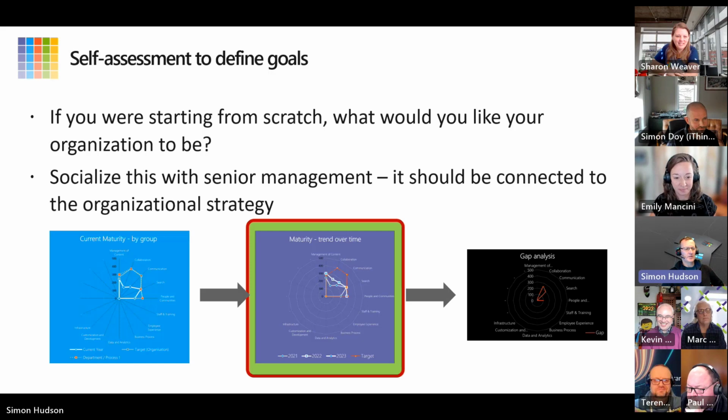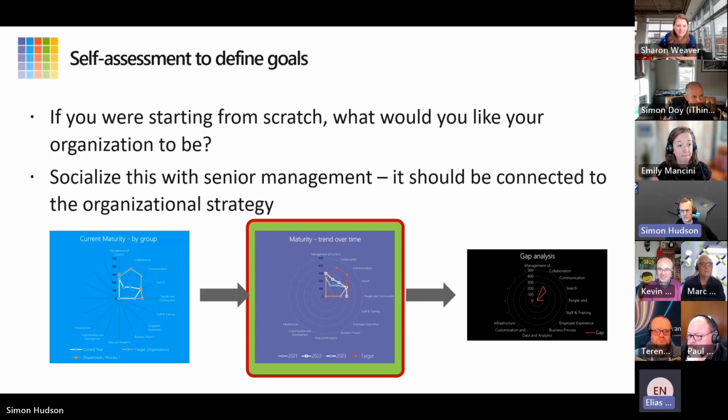But then you start to think about what that maturity is going to look like over time. So the trick is to not just fix the organization, because that's never going to happen. The trick is to have a plan where we go from here to the next step, and from the next step to the next base if you're playing one of those strange American games. And just keep getting better. And bear in mind, the organization and your environment will keep changing. So things will fall back or suddenly leap ahead, and you need to accommodate that.